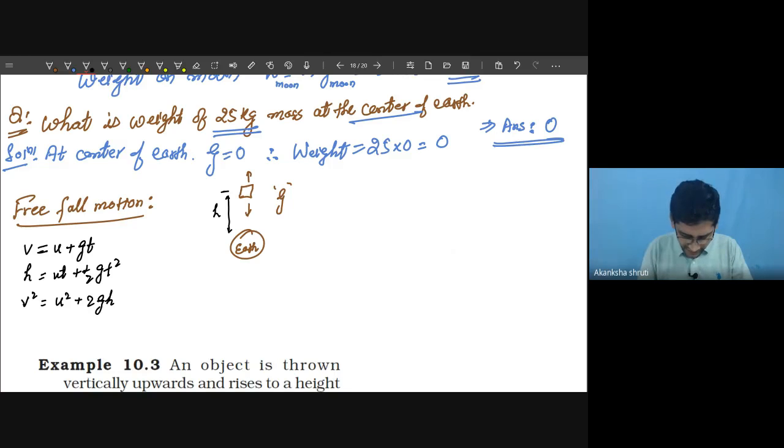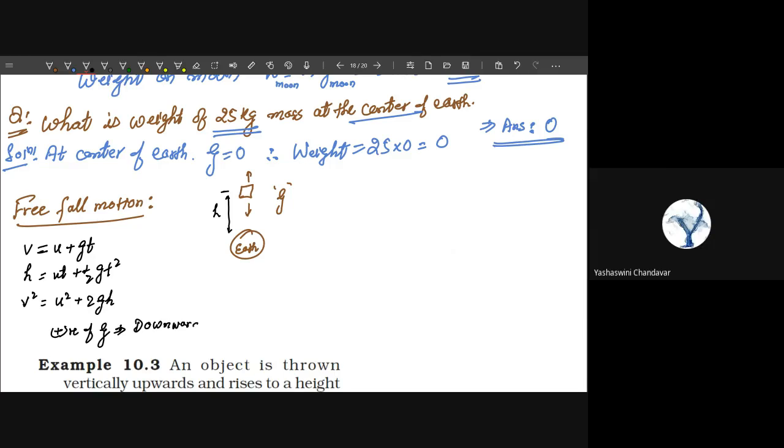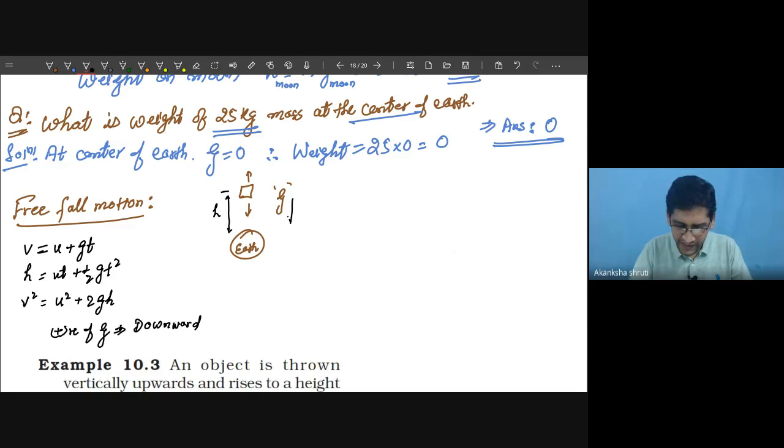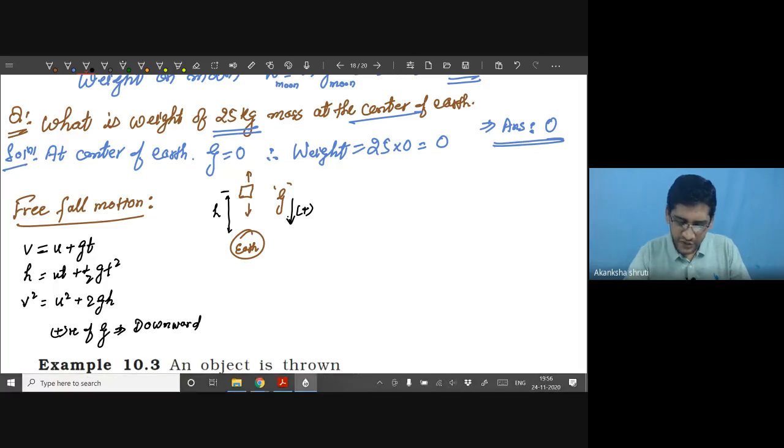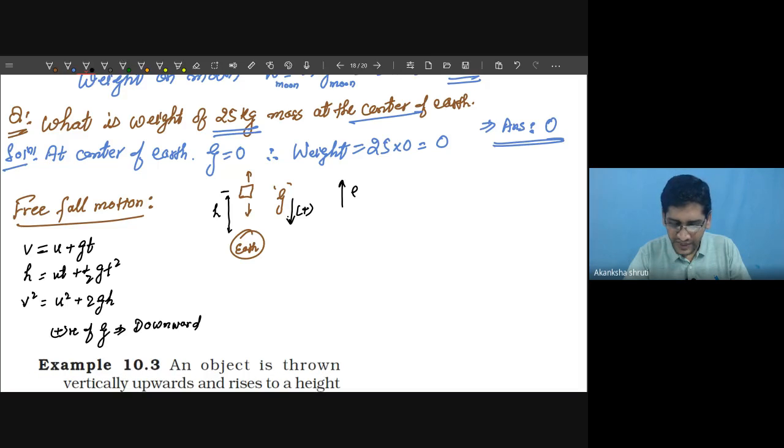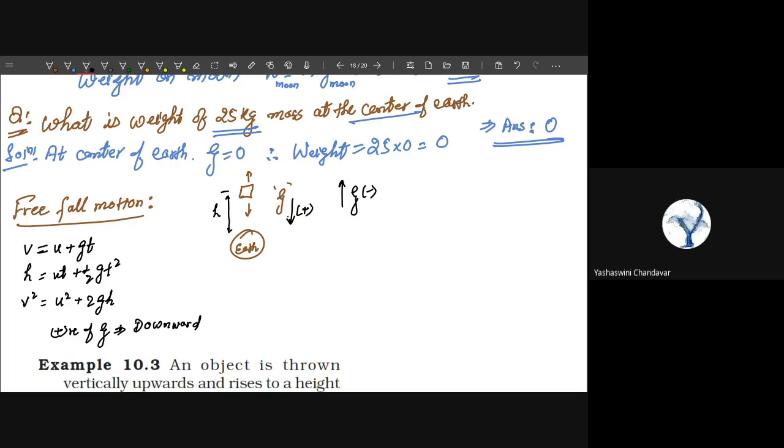Here we have to keep in mind that the positive sign of g is taken when the body is moving downward. That's why g is taken as positive. If the body is thrown upward, then g has to be taken as negative.